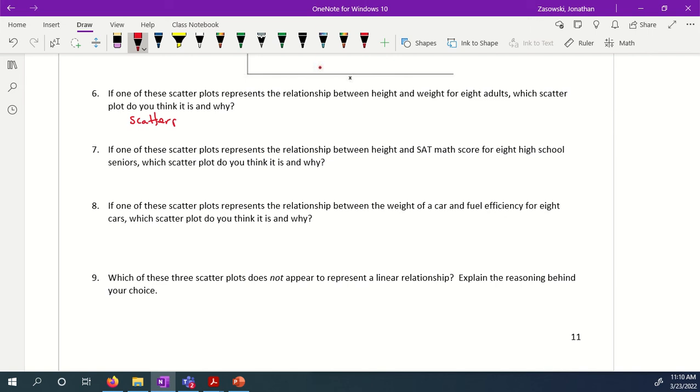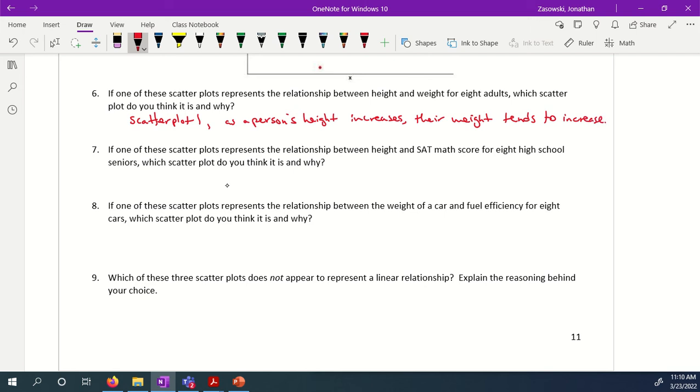And then we would say as a person's height increases, their weight, or that word we used before, tends to increase.